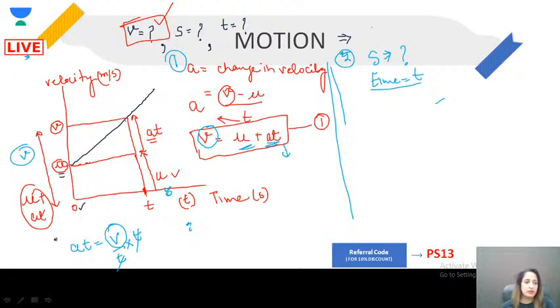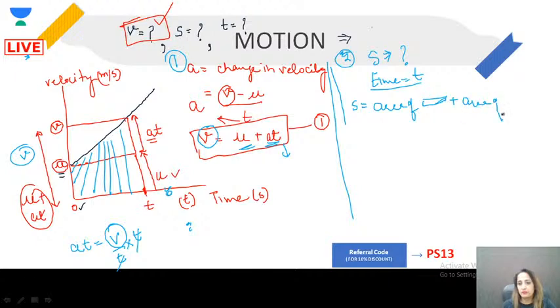How do we do it? We know that actually we have to calculate this whole thing. That is our distance. So we know that s is equal to the area of this rectangle plus the area of this triangle.